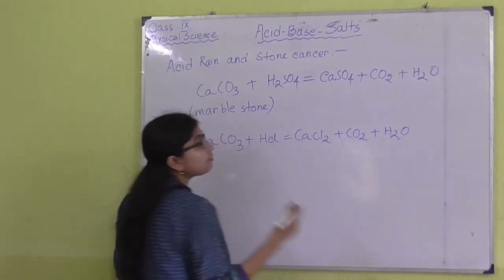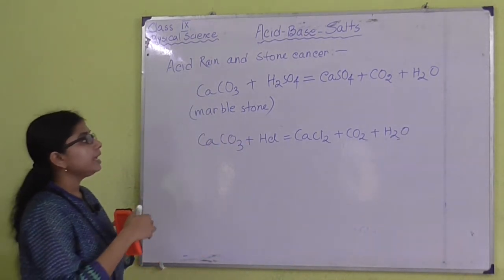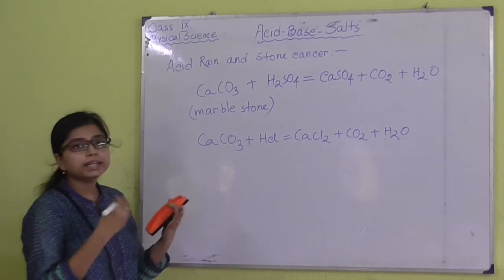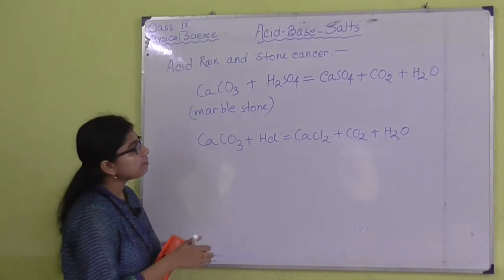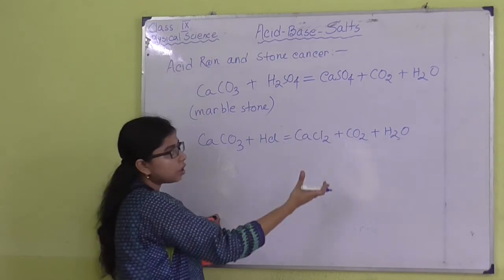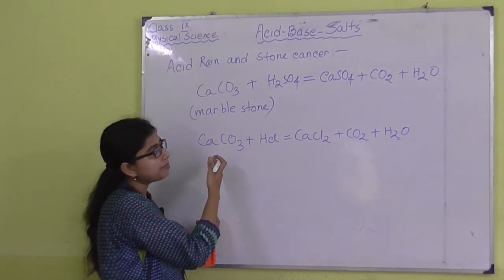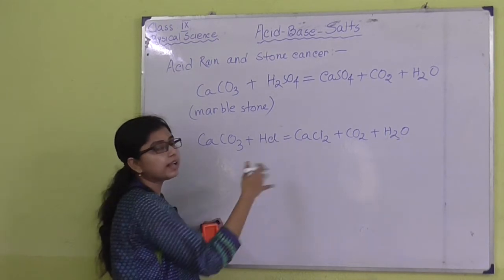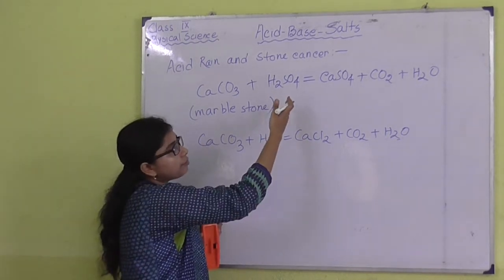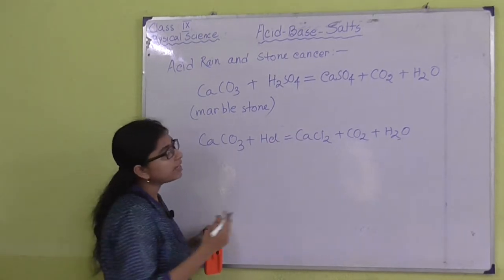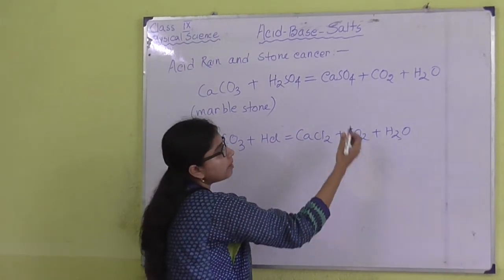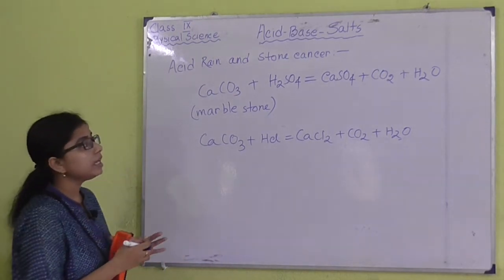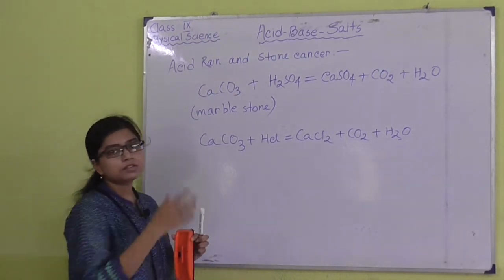That means whatever acid we have, if it reacts with a carbonate type of salt, it will finally give us the calcium salt according to the acid. If we have hydrochloric acid, the salt will be calcium chloride. If we have sulfuric acid, the salt will be calcium sulfate, and the other products are carbon dioxide and water. So, the ultimate result will be the deformation of the structure.